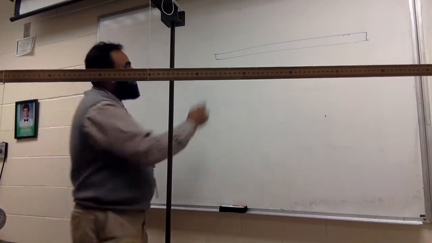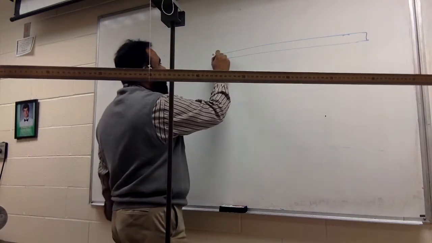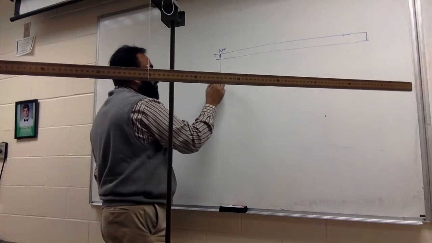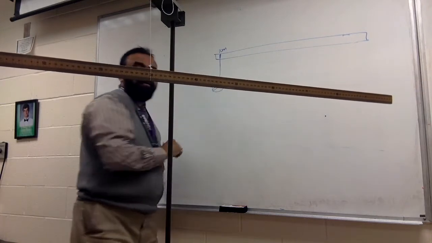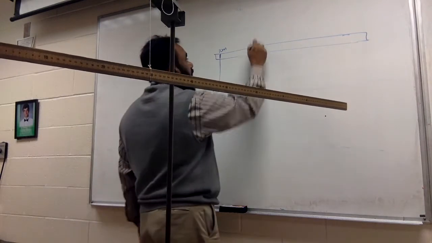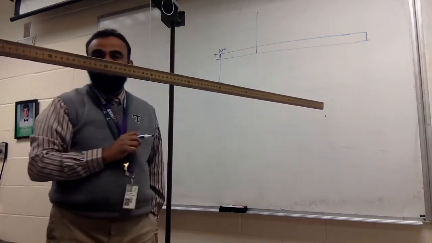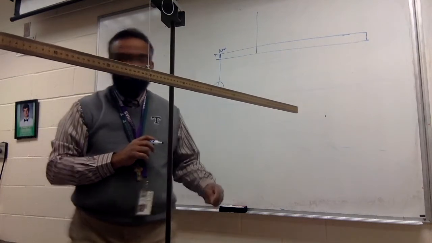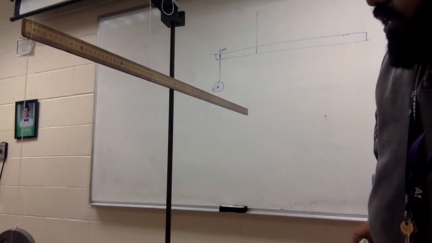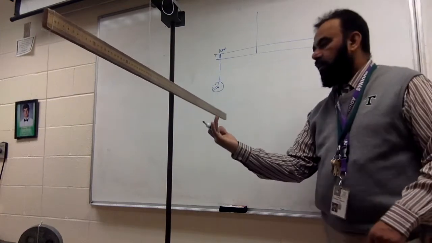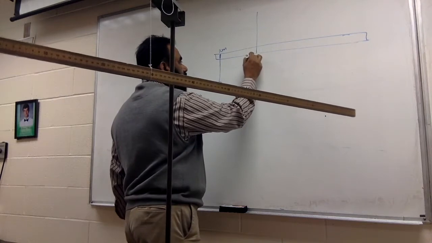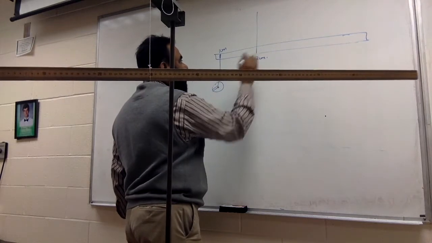On the diagram, you'll show a string here at the 1 centimeter mark, and you show the weight that is hanging there. And where is the other string? The other string is somewhere here. It is at the 29.8 centimeter mark.